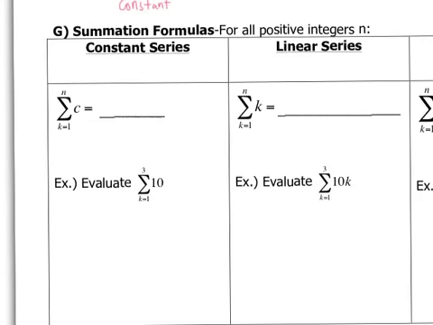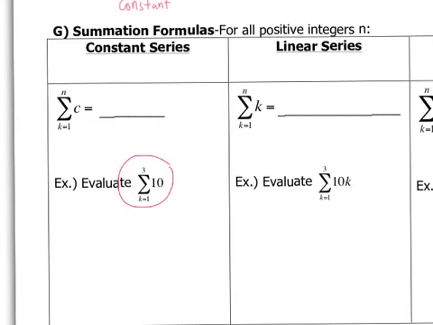So, let's say we have a constant series. If you look at the examples, it's kind of helpful to see exactly what we're talking about. So, constant series, for instance, just 10. There's no variable there, which means what? Every term is what? Exactly. Because if you plug 1 in, it's still 10. If you plug 2 in, it's still 10. Every single term is just 10. Quick way to find the sum of this?